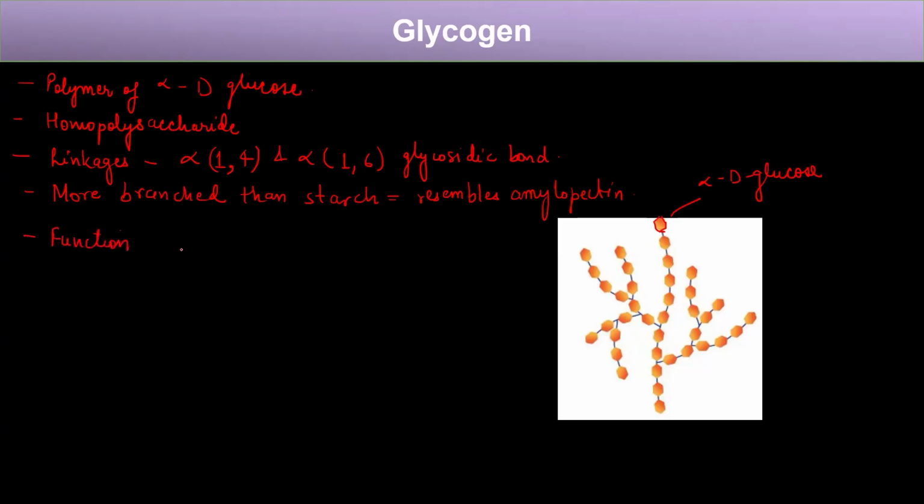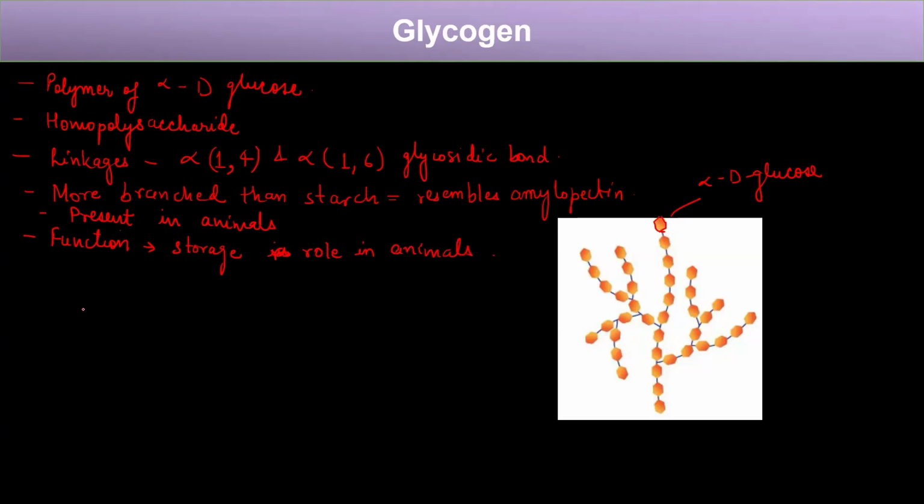Glycogen is present only in animals, and the function is that they have a storage role in animals.